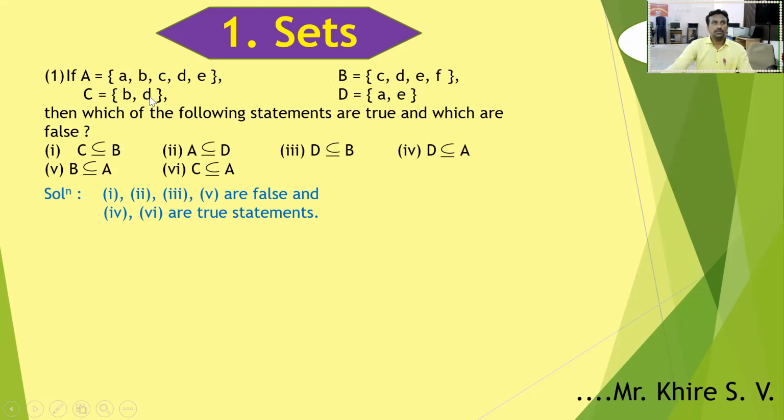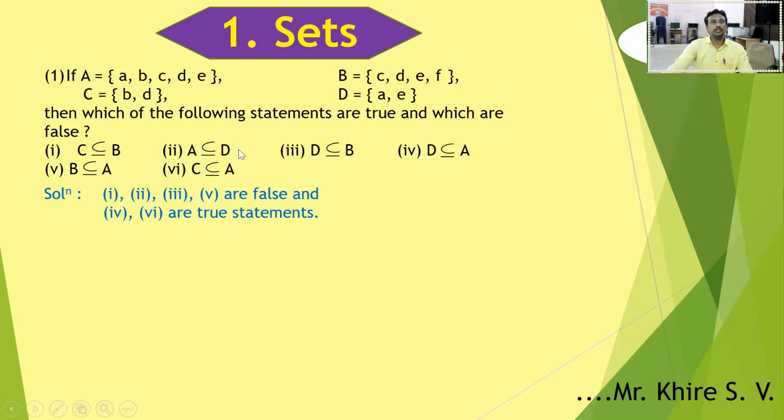If these two elements are in set B, then we can say that C is a subset of B. If these two elements are not in B, then we can say that this is false. B and D. Only D is there, B is not there. Therefore, C is not a subset of B. Means C is a subset of B is a false statement.